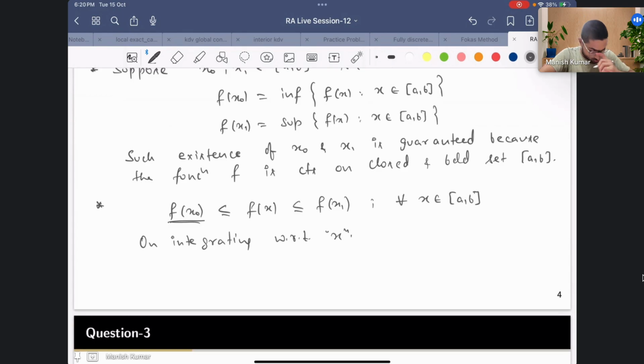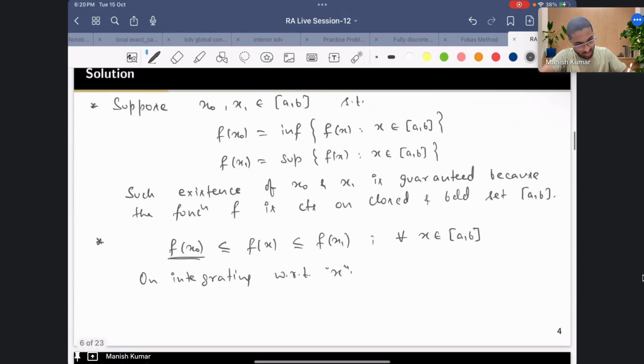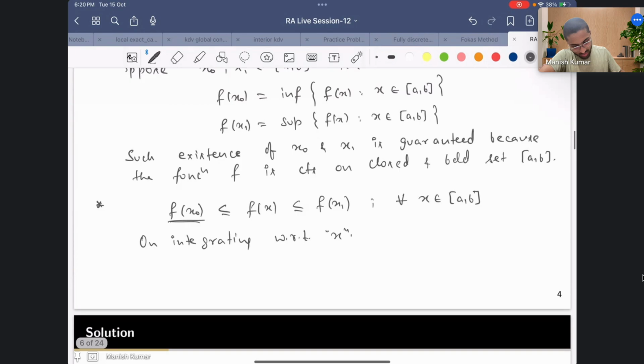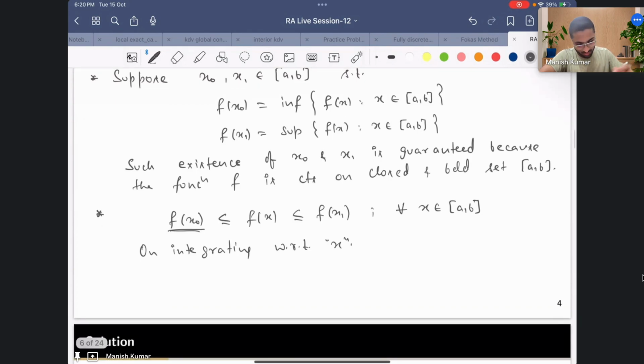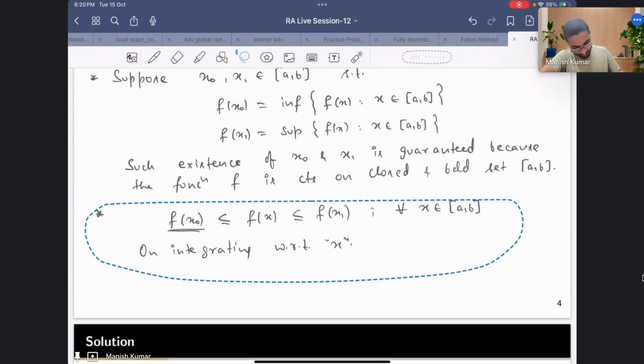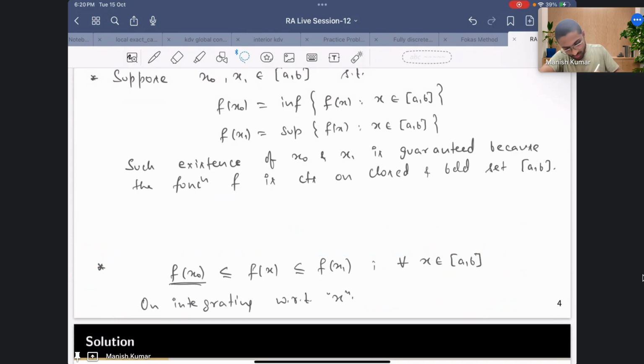There is one more remark I should mention. It could be possible that the function is constant. In that case, f(x0) and f(x1), so x0 and x1, would be the same thing. So here I should mention, if x1 is equal to x0, then f is a constant function.